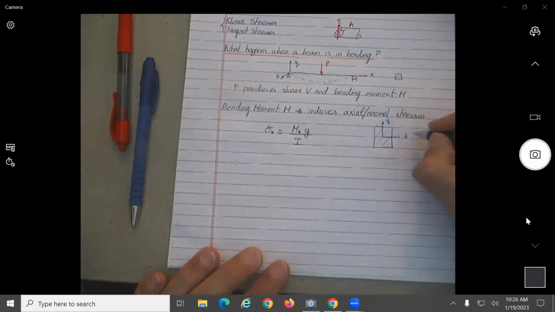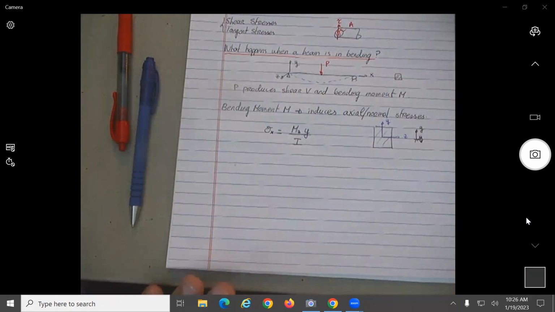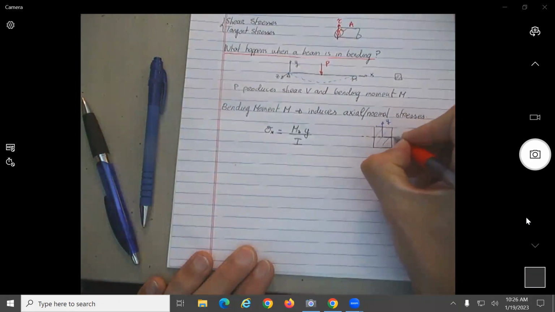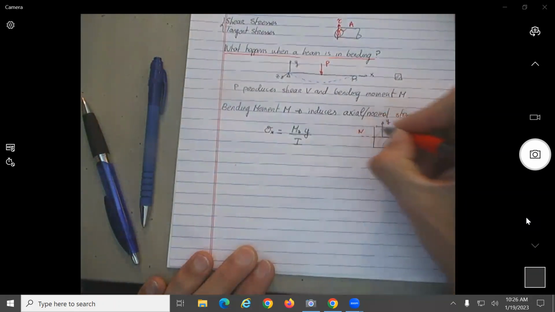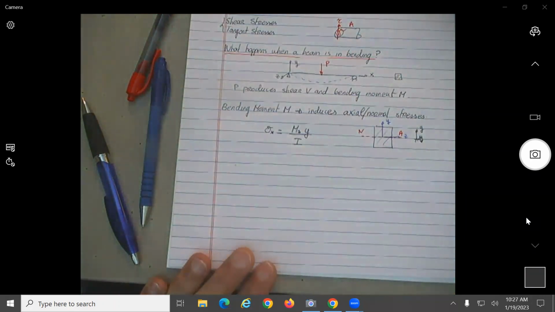So what is y? Y is the distance from where? What was the name of this line over here? I'll help you. The neutral axis, no? Neutral axis in most of the cases corresponds to the CG, no? Okay.